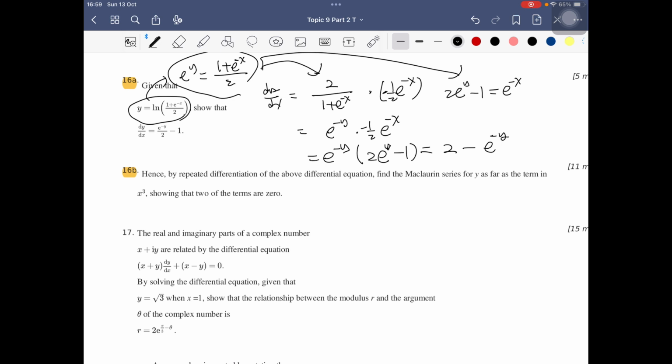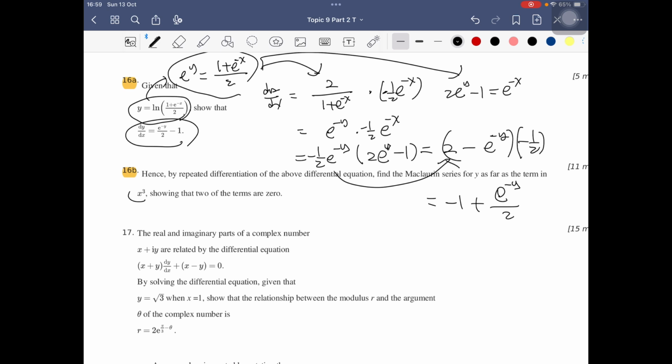So here, negative 1 over 2. So when I apply here, negative 1 plus 1 over 2 e to the power of negative y. So I could show it.